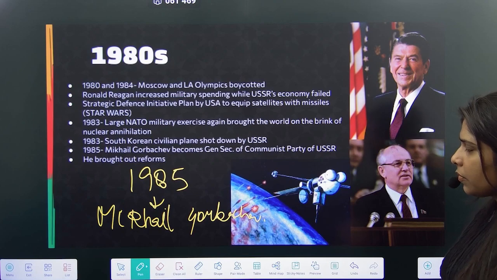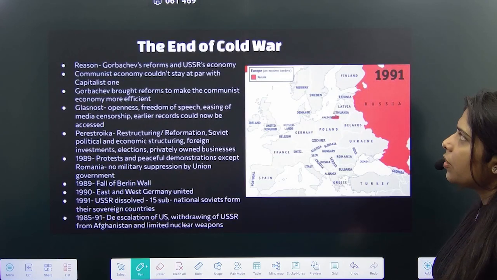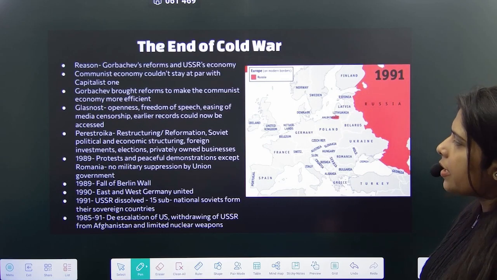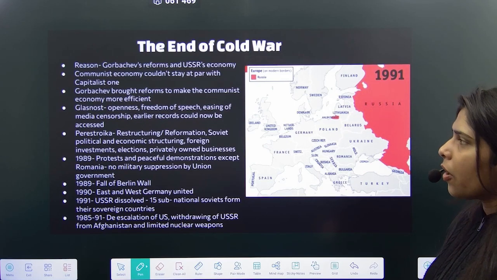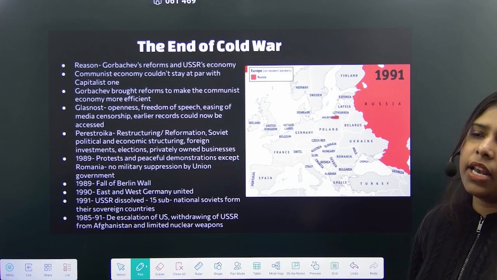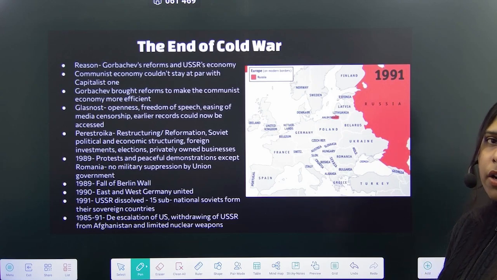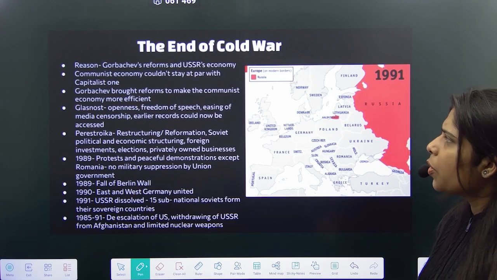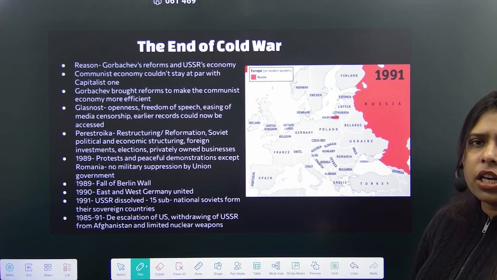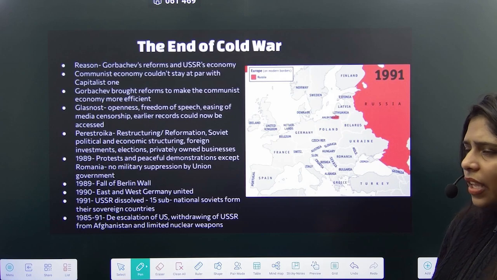So he brought out these reforms to actually improve the economy of Russia. Okay, and simultaneously we saw that the USSR's economy was not doing really well. Gorbachev's reforms also calmed down the US, because Gorbachev focused mainly on the upliftment of his economy and lesser focus on the US economy.